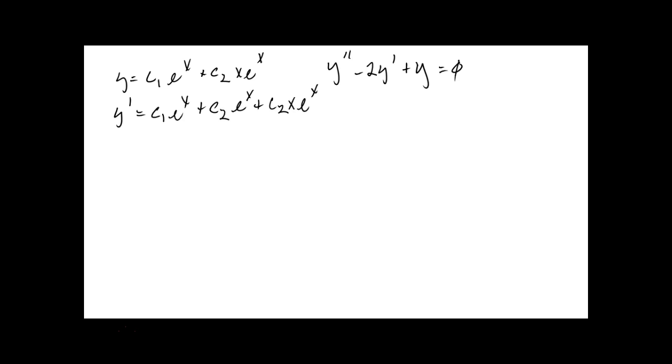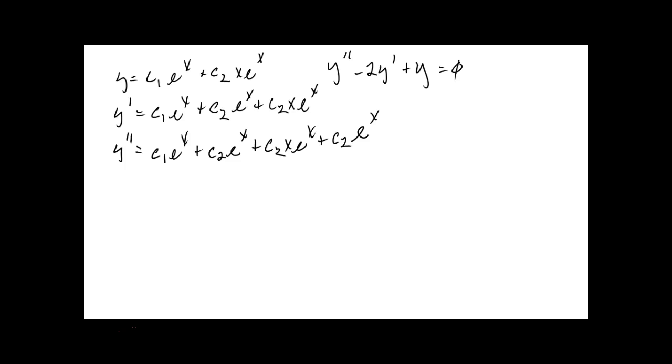But we got to do it again, don't we? Y double prime. What would that be? C1 e to the x plus C2 e to the x plus C2 x e to the x plus C2 e to the x again, because derivative of this one is that one.